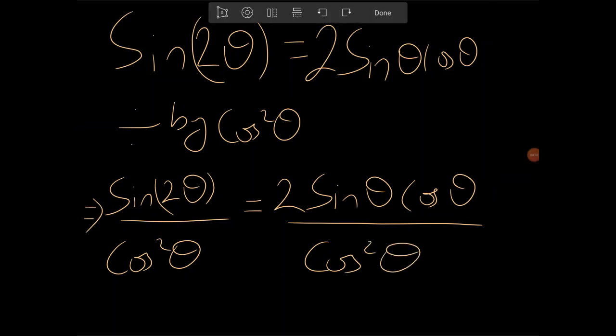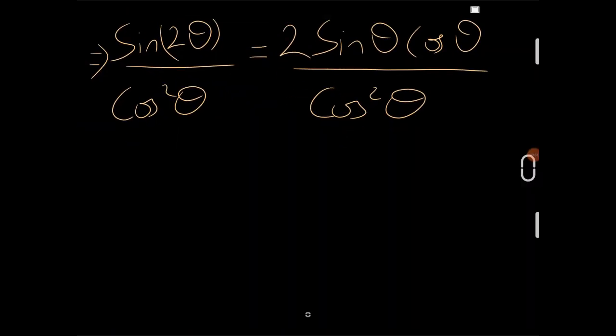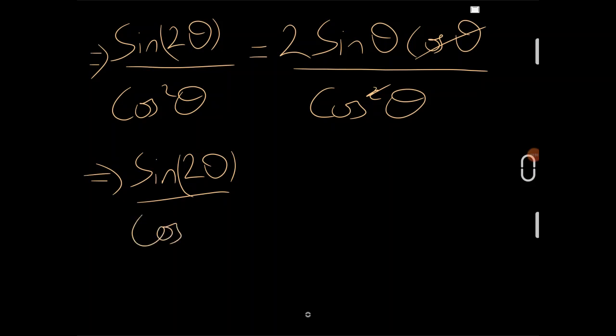Now if you look carefully, one cos and one cos get cancelled. Then I have sin 2 theta divided by cos square theta. Now guys, let me tell you something.